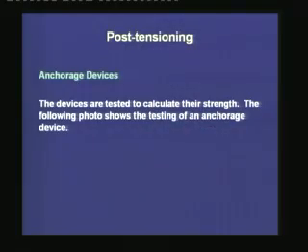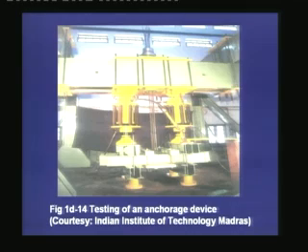The anchorage devices, before they are patented or if they are used for some special situation, are tested for their strength. The following photo will show the testing of an anchorage device. In this test setup, we can see that there is a reaction frame against which there are some jacks.